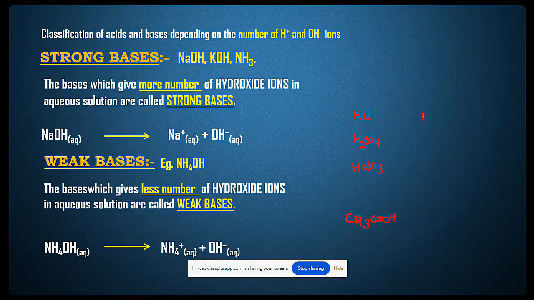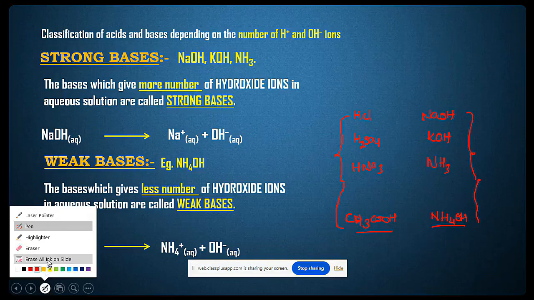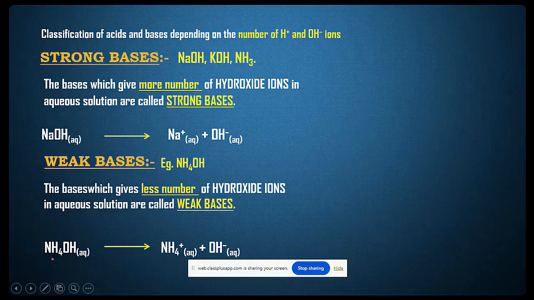Strong bases are NaOH, KOH, NH3, which we also discussed just before, and the weak base is NH4OH. Is it right? So remember, there's a chance a question will be asked based on this: which of the following is a strong acid, strong base, weak acid or weak base? Let me move to the next slide so that we can discuss the properties of bases.